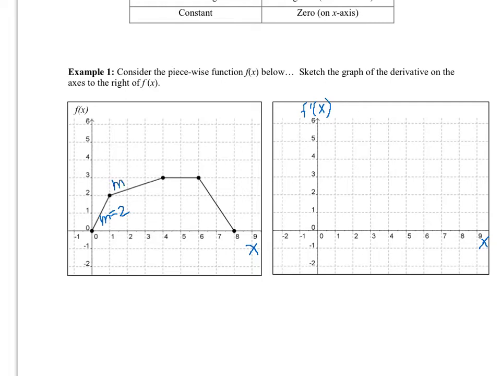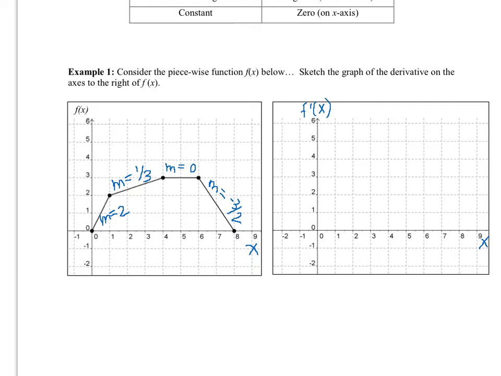So here our slope is only a third. In between 4 and 6, there's no change in the y value, so the slope would be 0. And then for this guy, we are going down 3 and over 2. So this is a negative 3/2 for the slope.